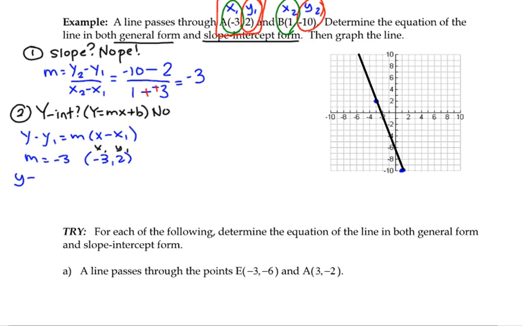Y minus, what's y1? 2, equals our slope of -3 times x minus -3. And when we subtract a negative, change it to adding a positive.